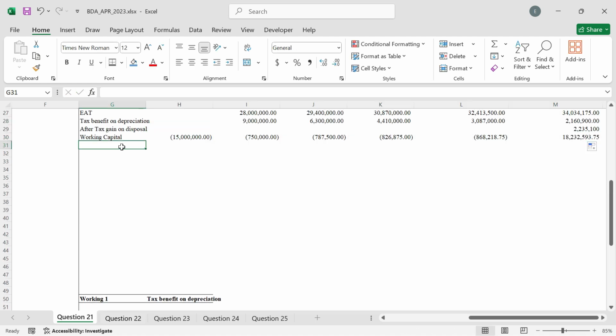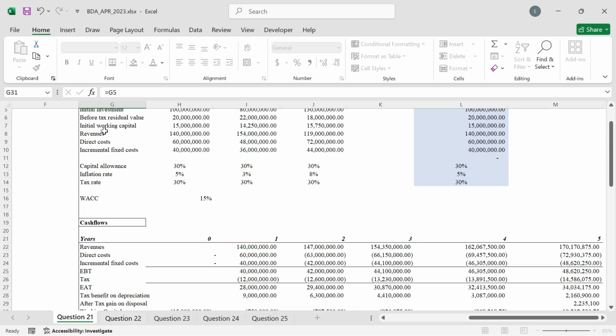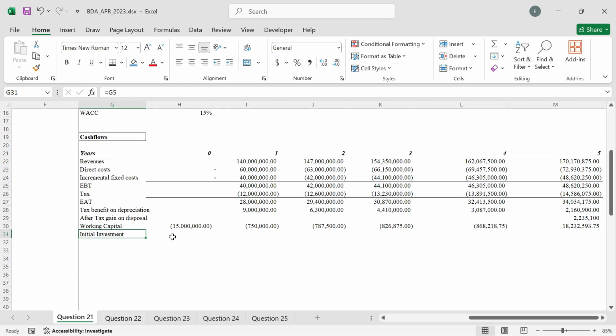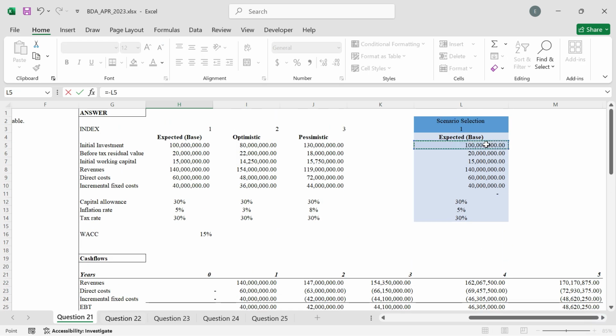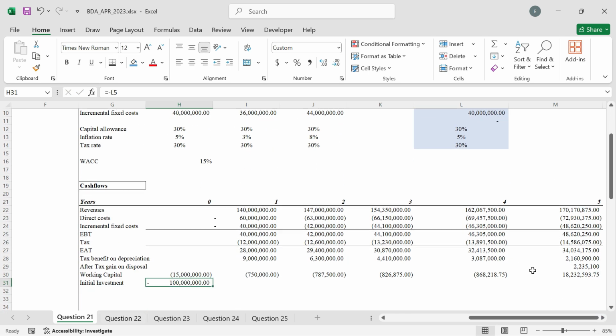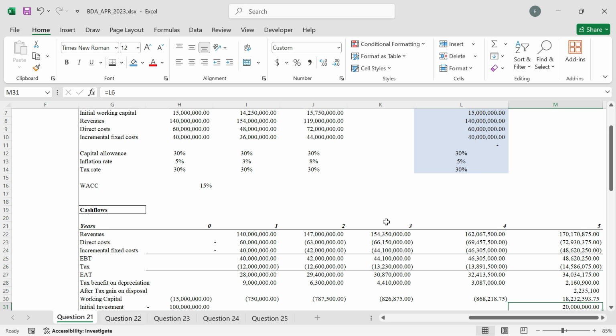Then finally, I'll need my initial investment, which in scenario 1 is equal minus 100, and also attracted a residual value of 20 million.